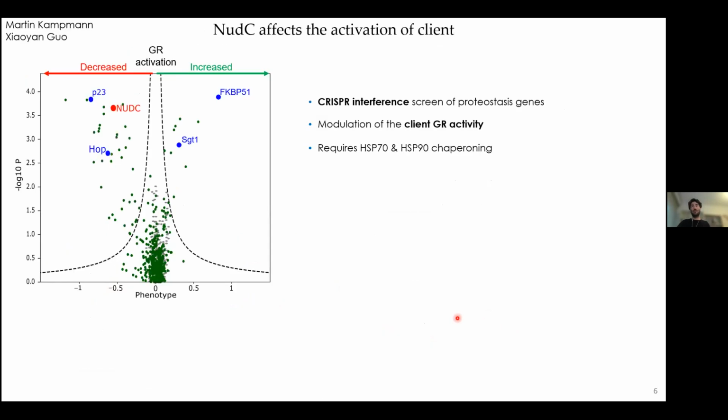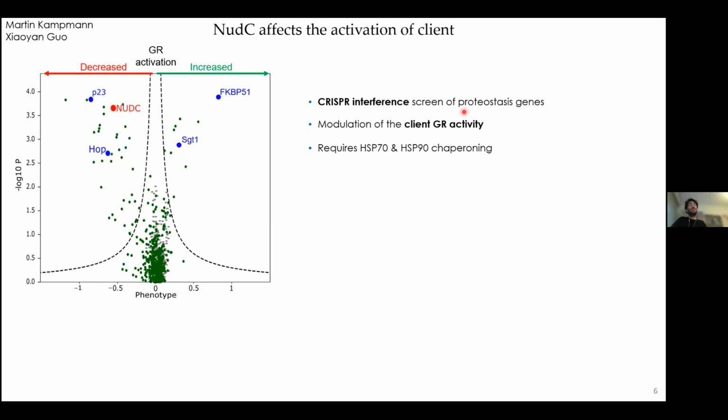To identify new co-chaperones, our collaborator developed a CRISPR interference screen that allows us to specifically knock out individual genes linked to proteostasis. We created around 250 cell lines that individually knock out single genes linked to proteostasis.